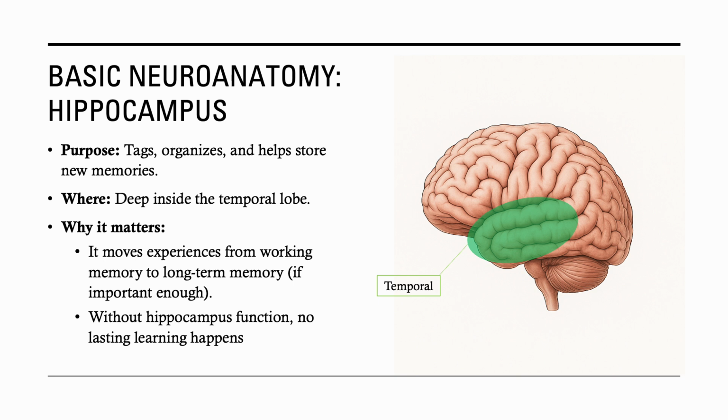However, if we don't review or connect what we've learned, the hippocampus may decide it's not worth saving. But when we actively think about something, and what I mean by that is, if we rehearse it, try to explain it or connect it to something we already know, the hippocampus will do its job and file it away across different parts of the brain for future use.